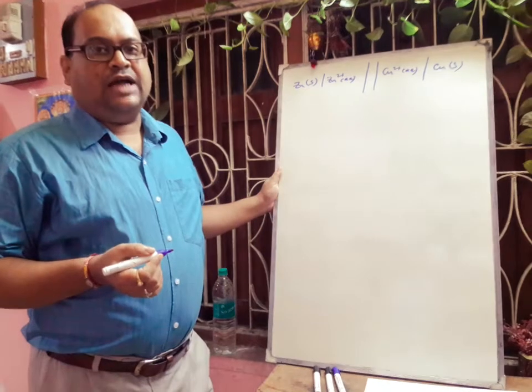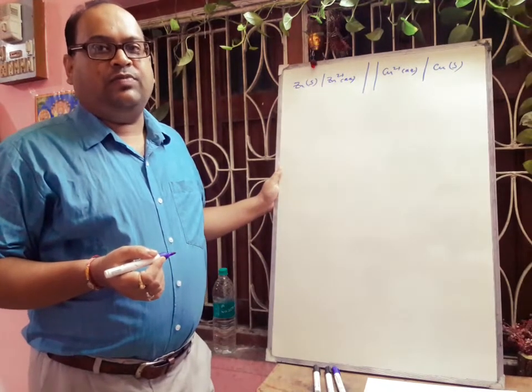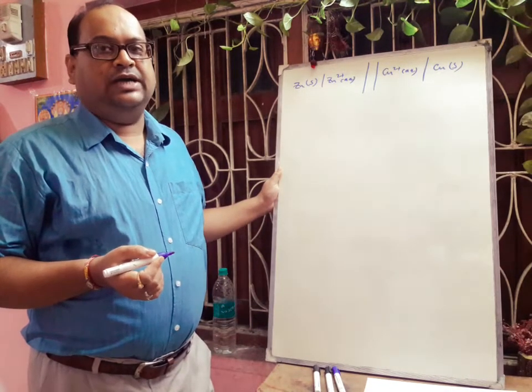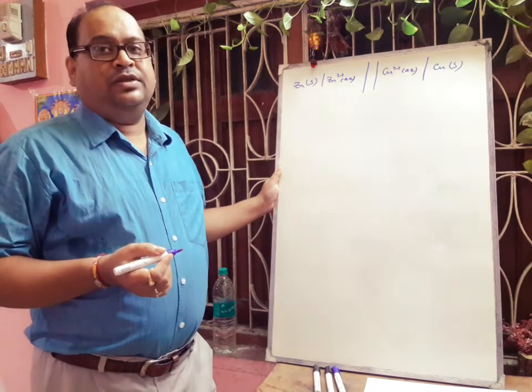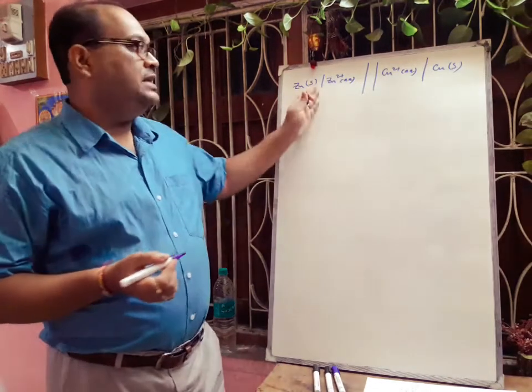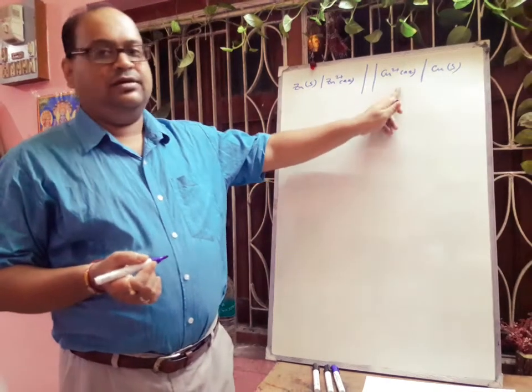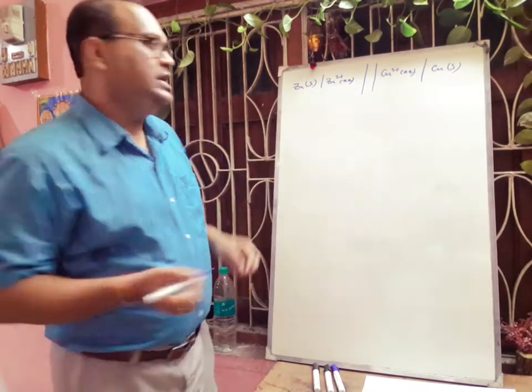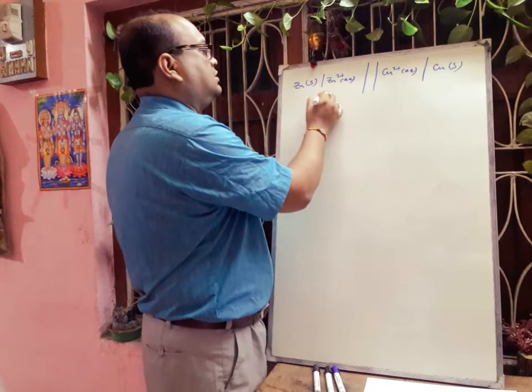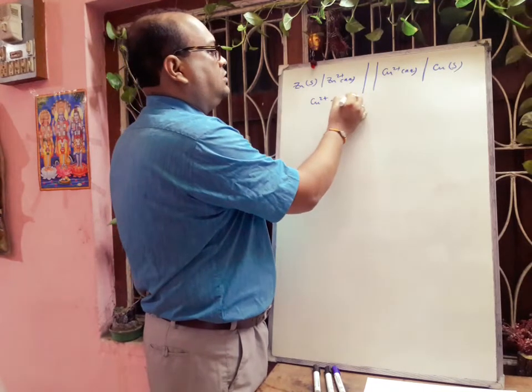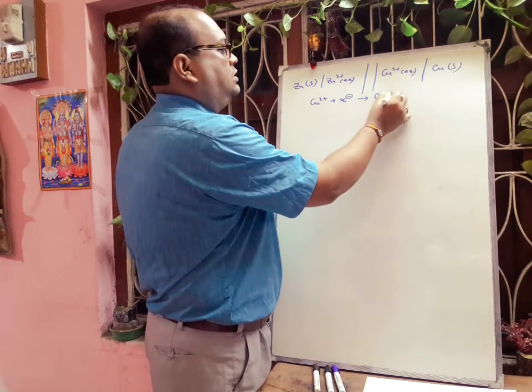Now according to the Nernst equation, the electrode potential of the right half of the cell, this one is the left hand side, this one is right hand side. So this one is the right half cell. So here the reaction is Cu2+ accepting 2 electrons forming Cu solid.